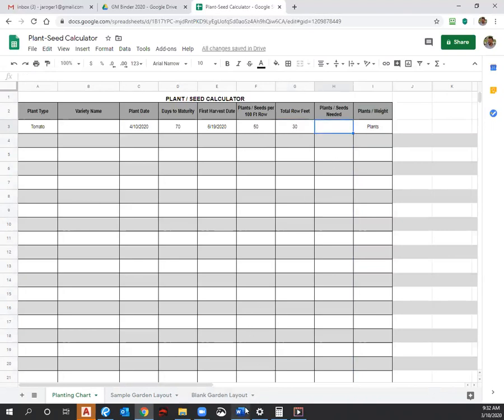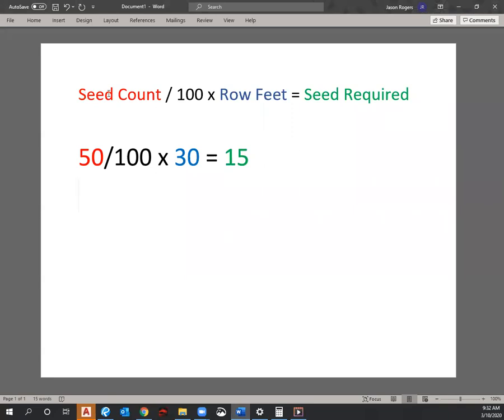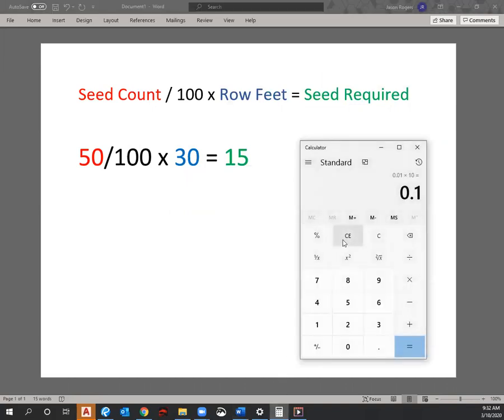Now in this case, here's the math on this. Seed count per 100-foot row, so seed count divided by 100, that's what that means. And then times row feet equals the seed required. So in this case, we have 50 plants divided by 100 times 30, and that's going to equal 15.